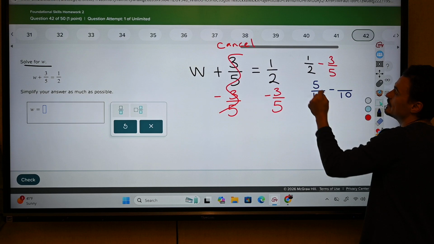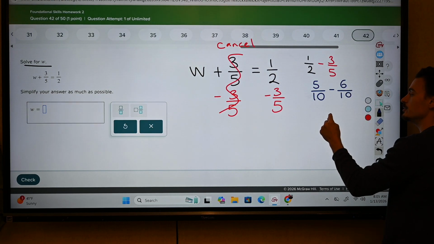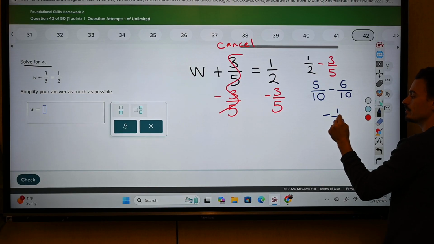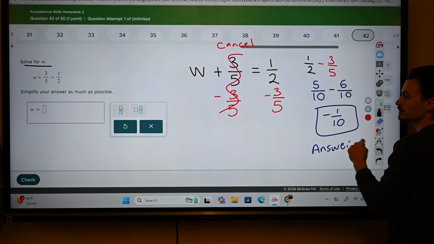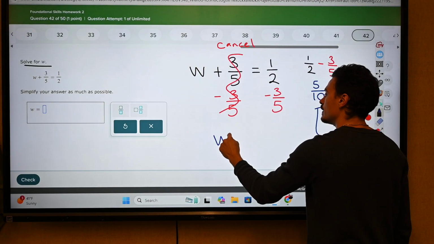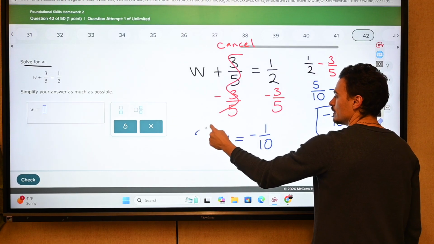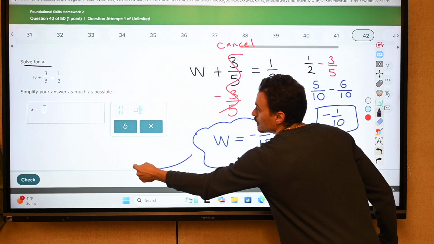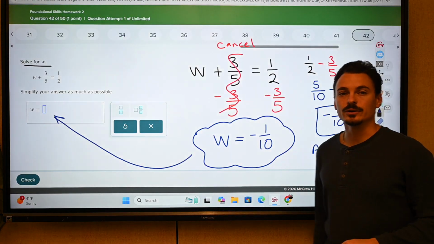So this would be 5/10, and this would be 6/10, which is going to get you negative 1/10 as your answer. So W is equal to negative 1/10. This would be how you show your answer in your work.